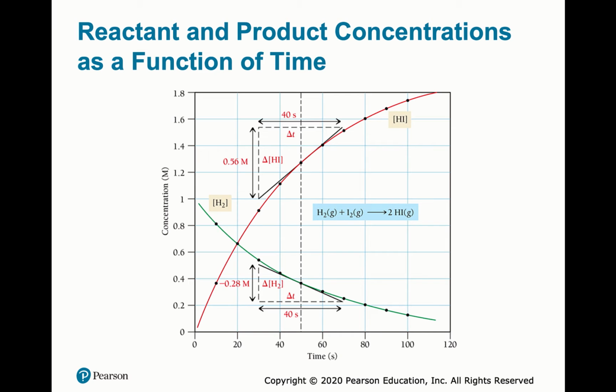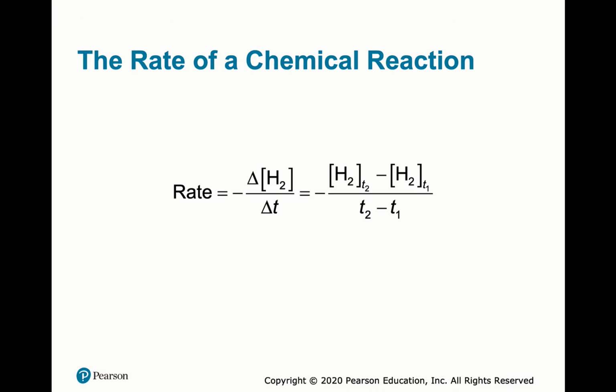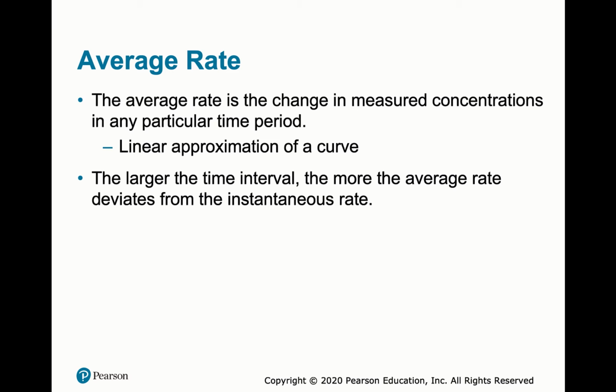Reactants get consumed, so their rate is negative, at least they're being depleted, and for the products the concentration is increasing, the positive direction. The rate, as I said before, is a change of concentration over change in time. In this case, it's negative for hydrogen because it's disappearing. It's the reactant.